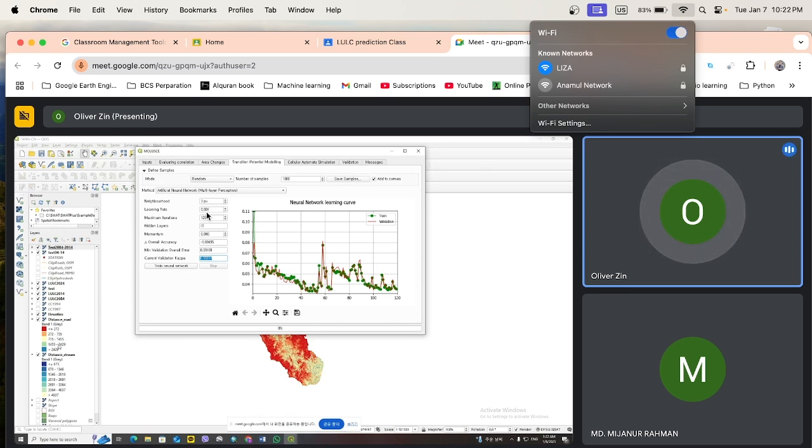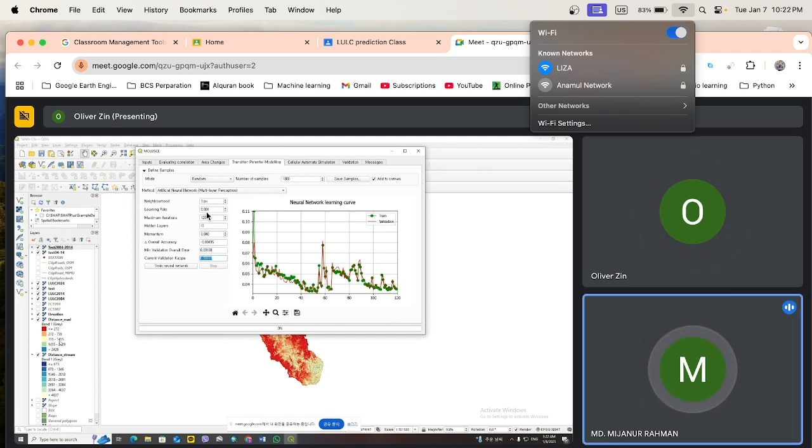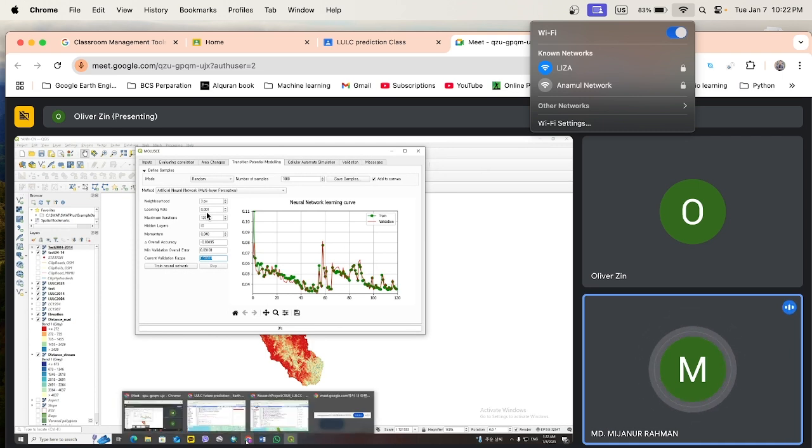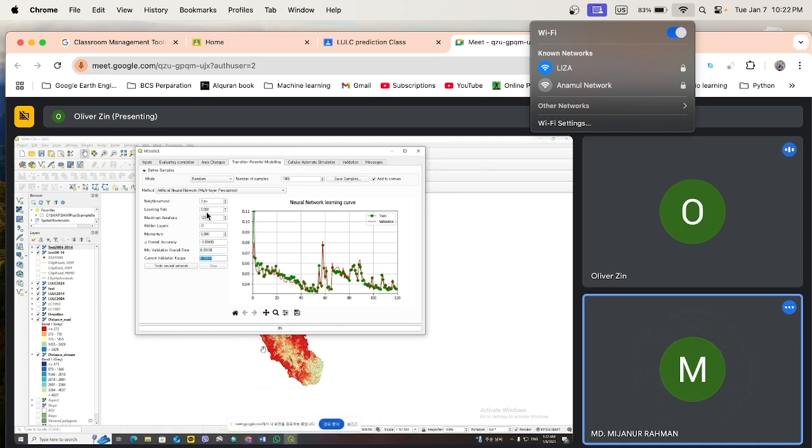Do I need to adjust these? Not needed. You don't need any kind of classification for distance to road, distance to stream or dam. It just includes the high and low values or the gradient result.